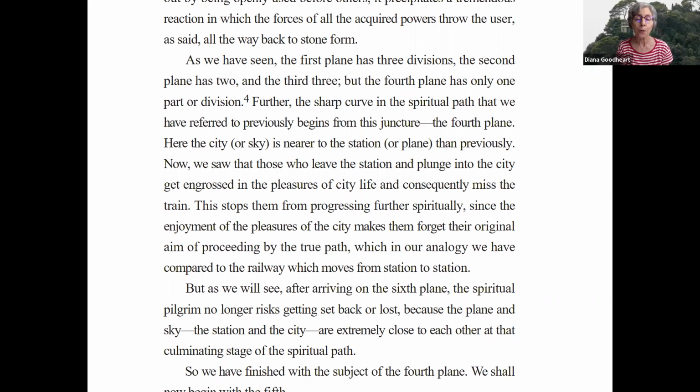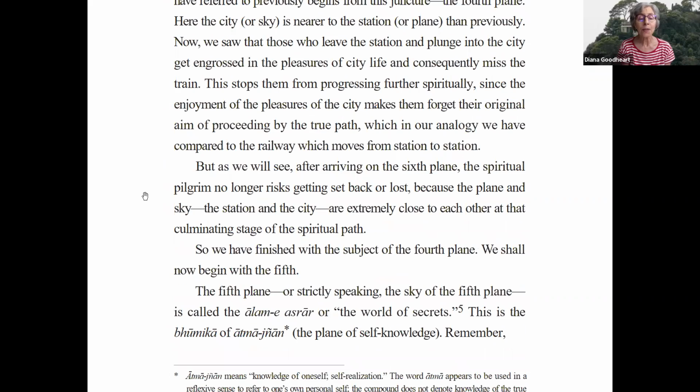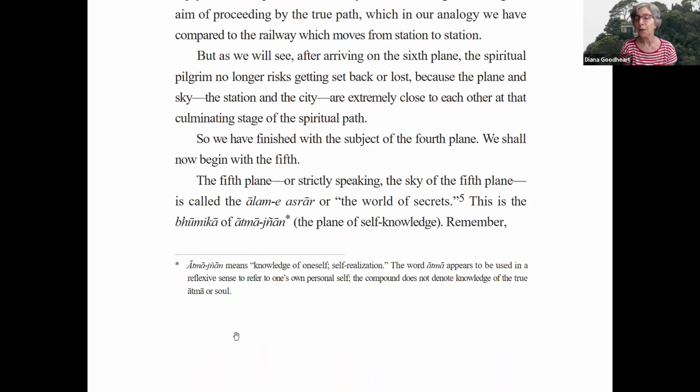This stops them from progressing further spiritually, since the enjoyment of the pleasures of the city makes them forget their original aim of proceeding by the true path, which in our analogy we have compared to the railway which moves from station to station. But as we will see, after arriving on the 6th plane, the spiritual pilgrim no longer risks getting set back or lost, because the plane and sky, the station and the city, are extremely close to each other at that culminating stage of the spiritual path. So we have finished with the subject of the 4th plane. We shall now begin with the 5th.